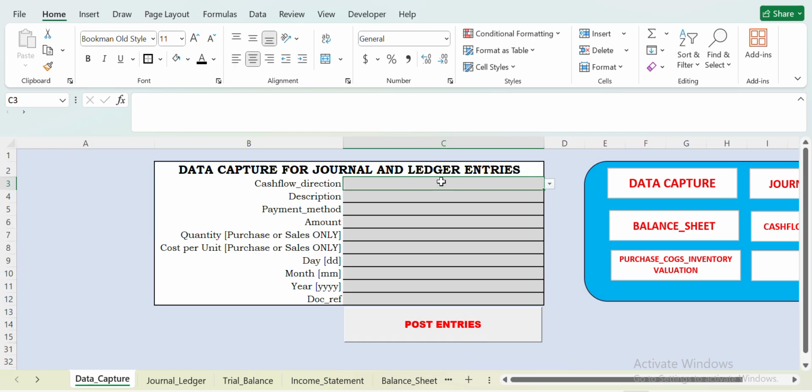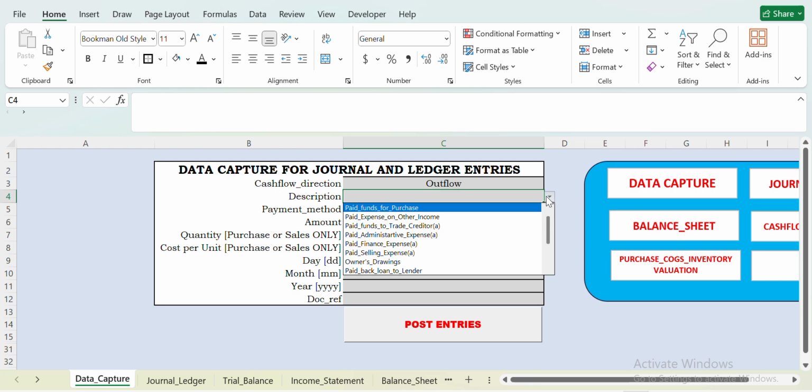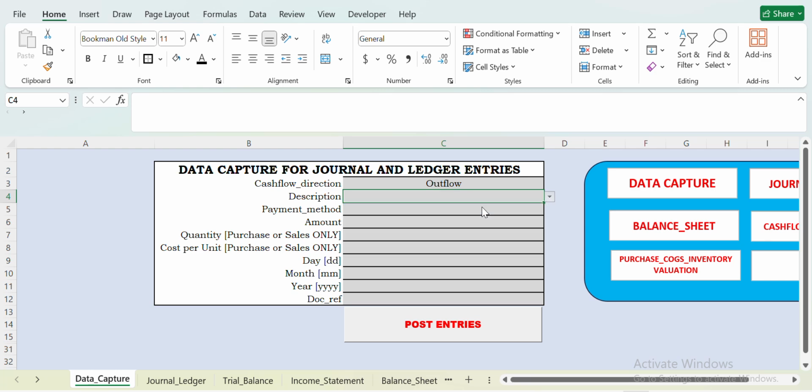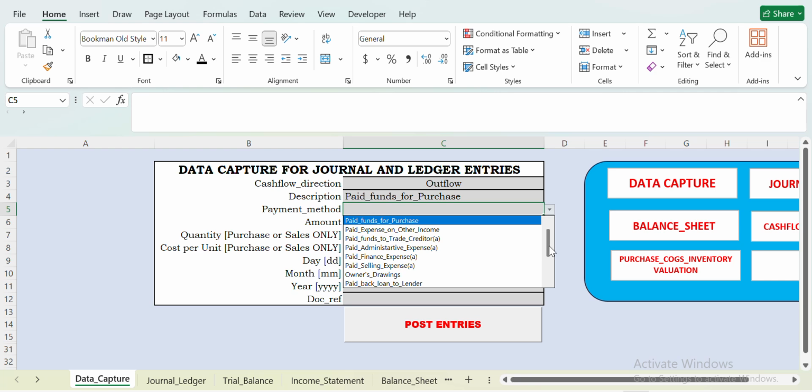Then our second transaction for the period, let's assume we purchase goods worth 10 million naira. Under the cash flow direction, it will be outflow. Then under the description, I can say paid fund for purchase. The payment method, let's still assume is bank.